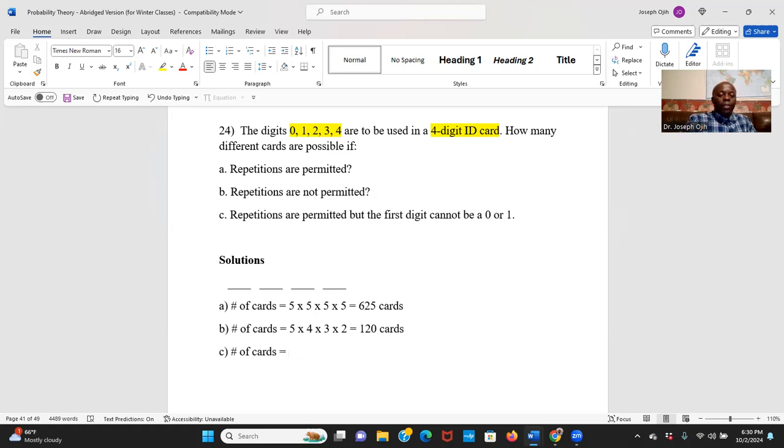Now first, you say 2 numbers cannot be used on the first slot. So that means what is left for the first slot is 3 numbers to choose from.